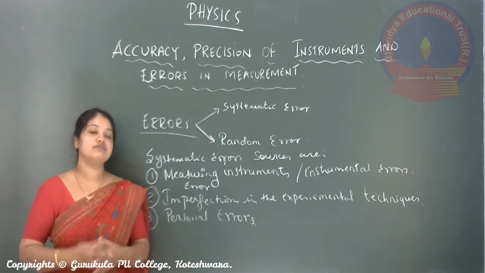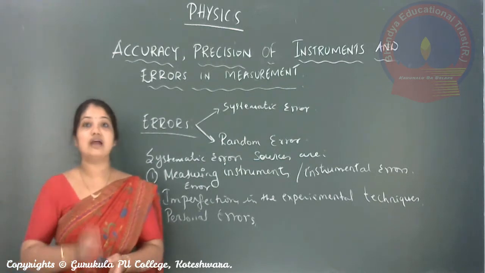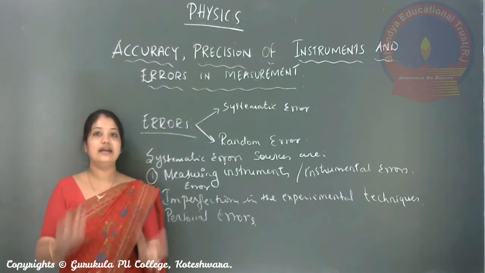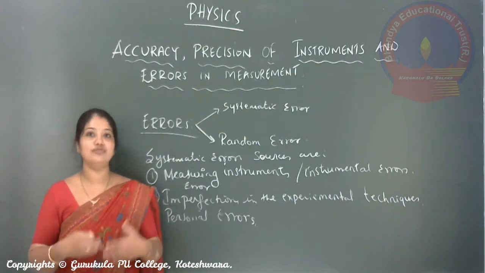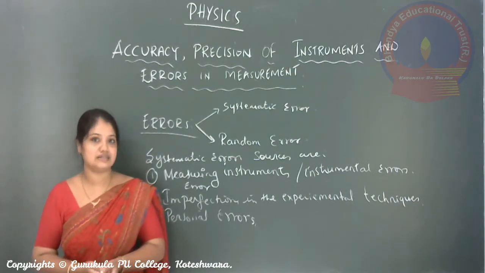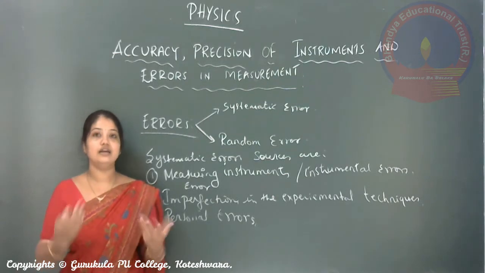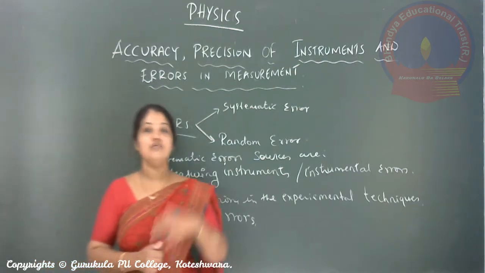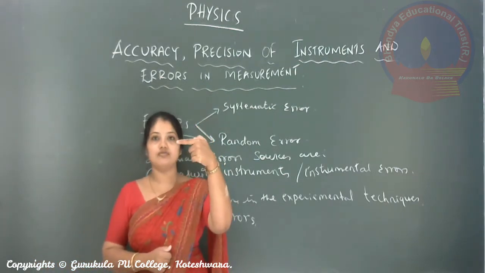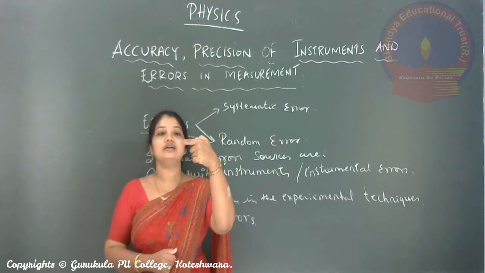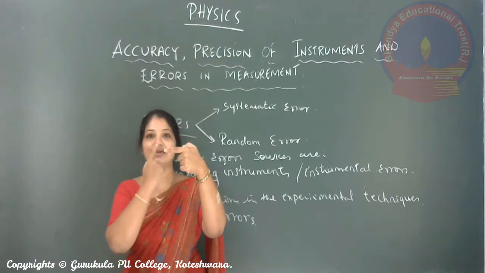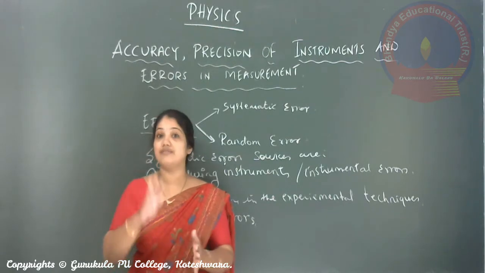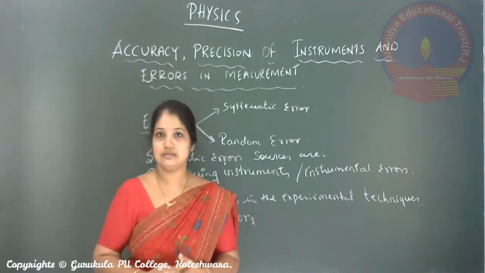Sometimes when you do the experiment without taking proper precautions, without taking readings in a correct way, with carelessness, or without observing carefully, for example when measuring the pointer of a scale, you may not have your eye exactly level with the pointer, so there will be an error due to parallax.